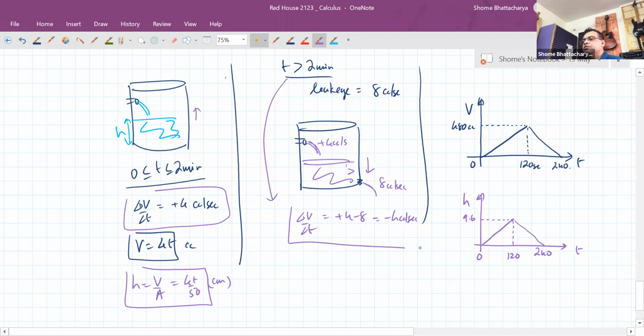So the net rate of change of volume is negative. So this has a slope of minus 0.08. This has a slope of plus 0.08.